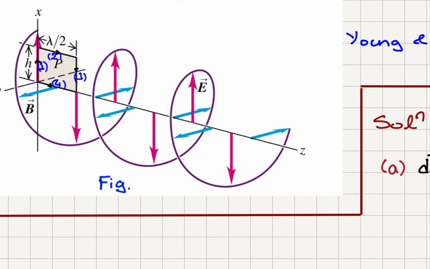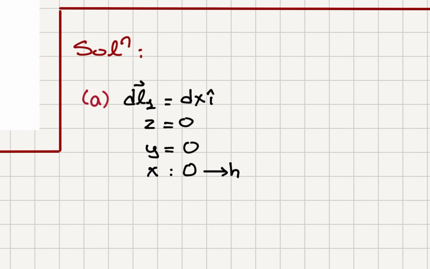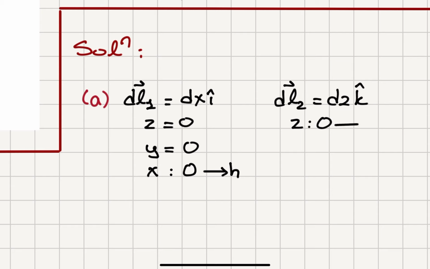The second portion, x is equal to h, z is changing from 0 to lambda over 2. We're moving along the z-axis. So for this part, dl2 vector is dz k hat. z changes between 0 and lambda over 2. y is equal to 0, x is equal to h.